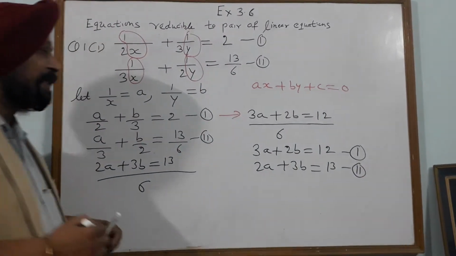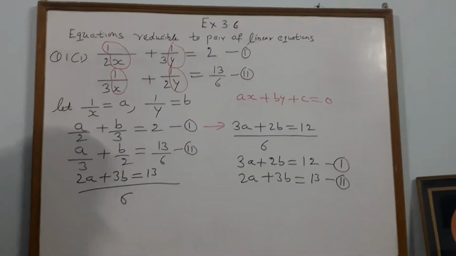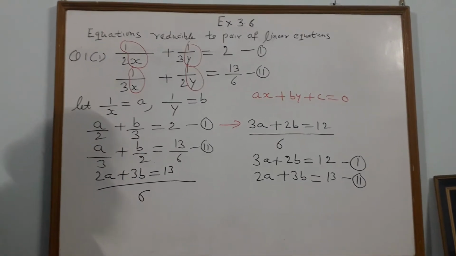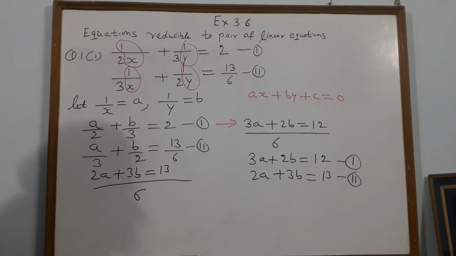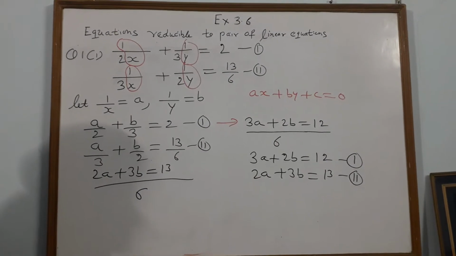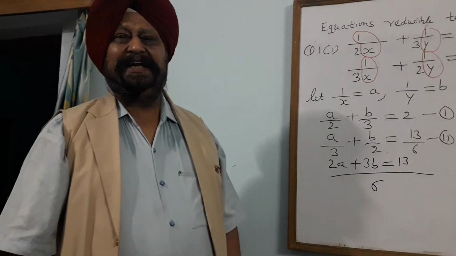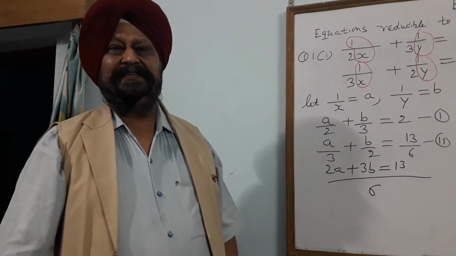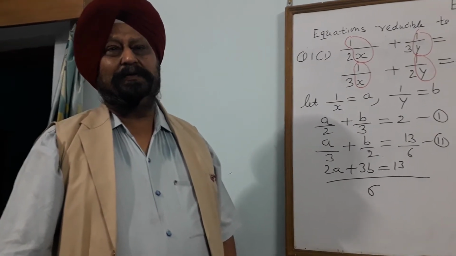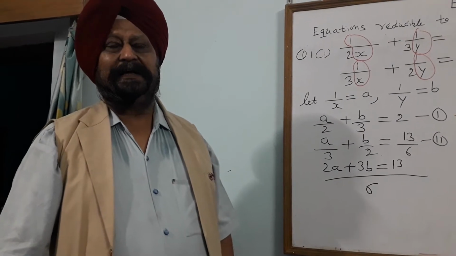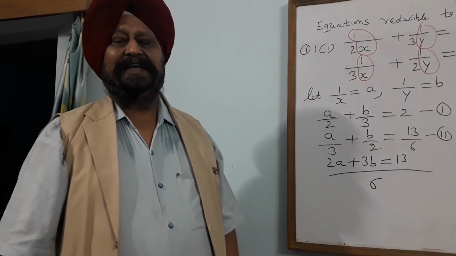Now we can solve these two equations easily by using any method, that is substitution method or elimination method. But in my opinion, elimination by addition and subtraction is a very easy method.